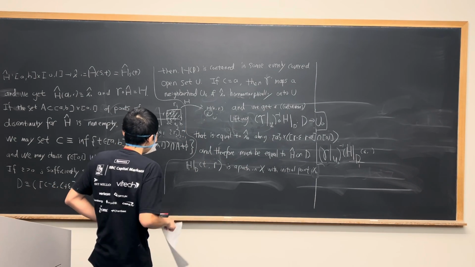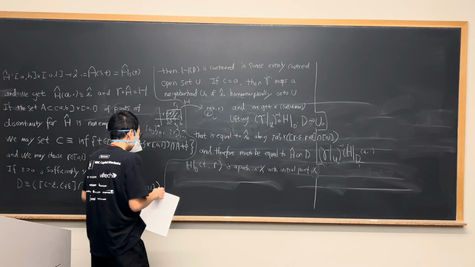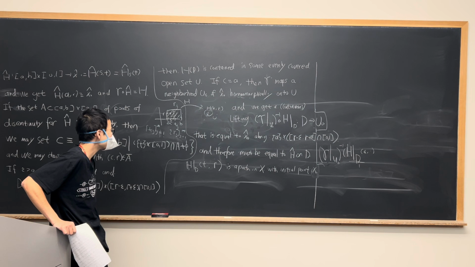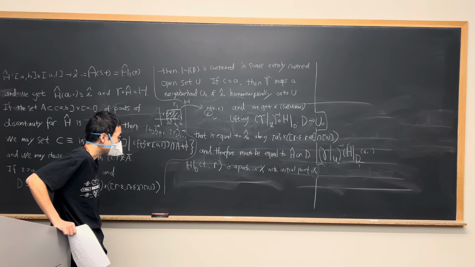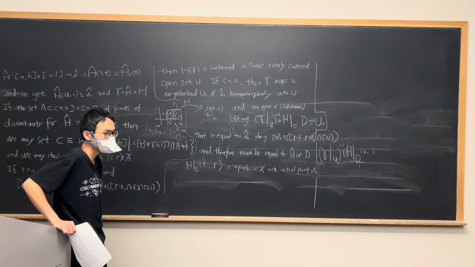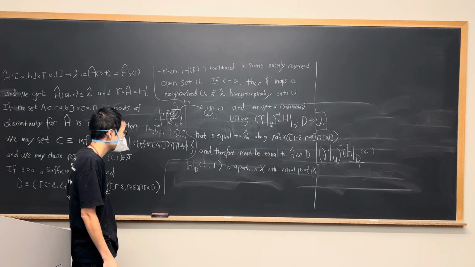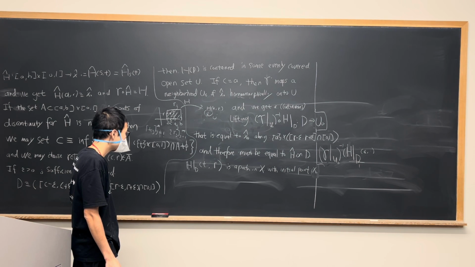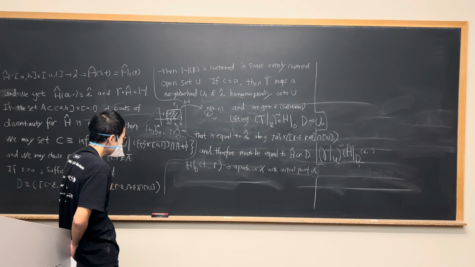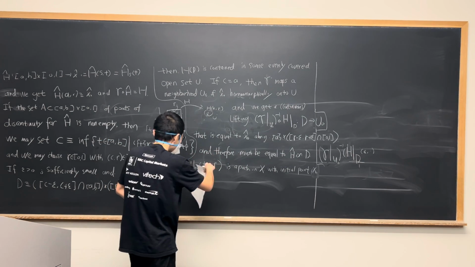The image of the entire thing lies in U. So since the image of this set lies in the evenly covered open set U, and U is an evenly covered set, therefore we get a unique lift of this one.